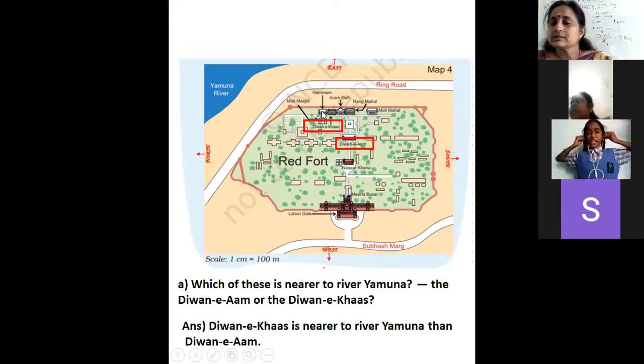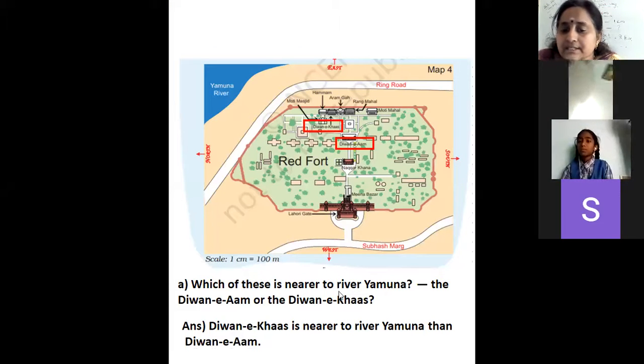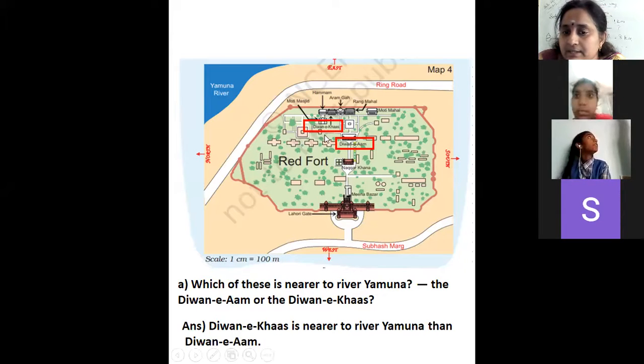Now here, some questions are there for us. Let us see what the questions are. Which of these is nearer to river Yamuna, the Diwani Am or Diwani Khas? Here, observe this: Diwani Am, Diwani Khas.